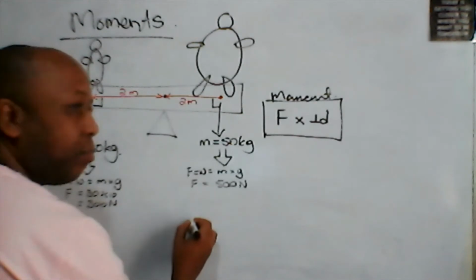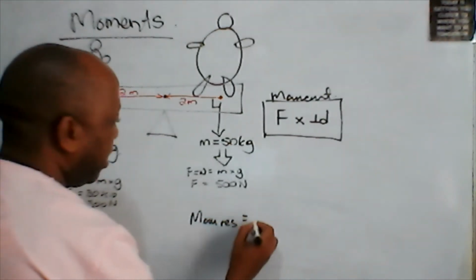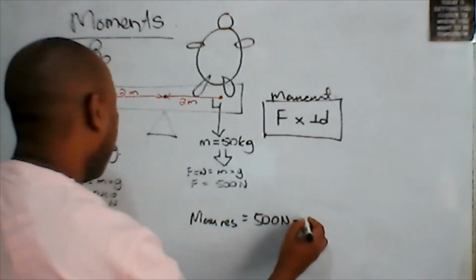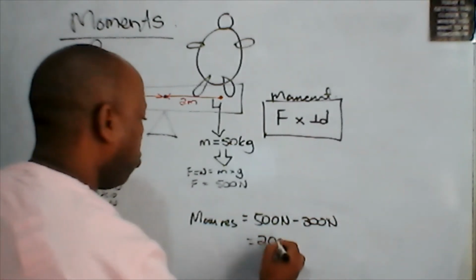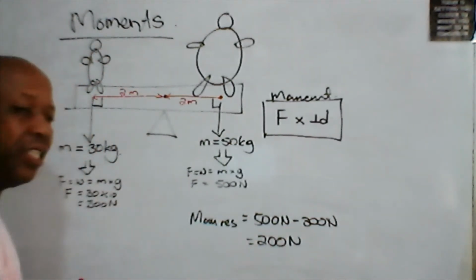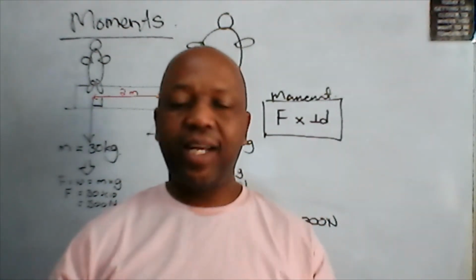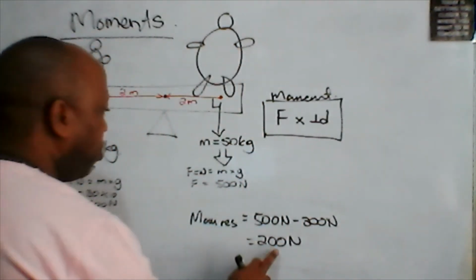So the resulting moment is 500 newtons take away 300 newtons, which becomes 200. That's the resulting moment. We have to specify in which direction that moment is acting. So the resultant moment is 200 newtons.